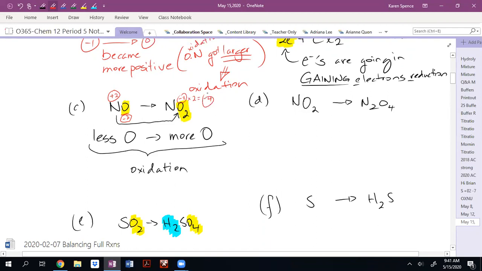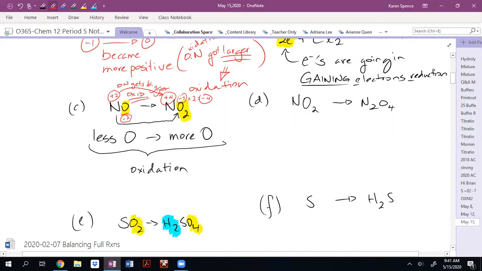I would normally write this out properly, but I didn't leave enough room for myself. And that means that the nitrogen has to be +4. And when the oxidation number gets bigger, which is what it did here, that is oxidation.